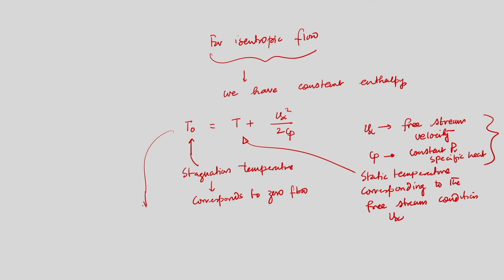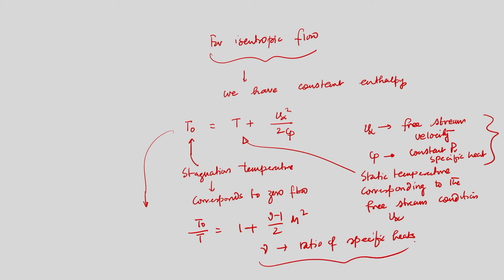Now, this relationship can be written in terms of Mach number, that is, T naught by T equals 1 plus gamma minus 1 upon 2 into M square, where gamma is the ratio of specific heats and M is the Mach number.